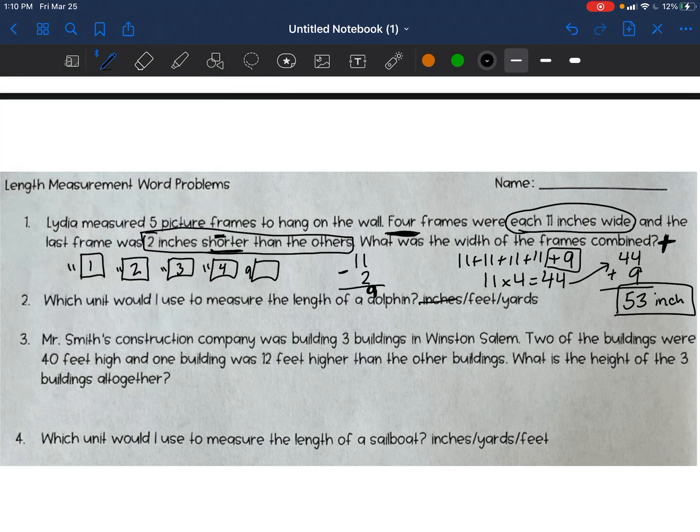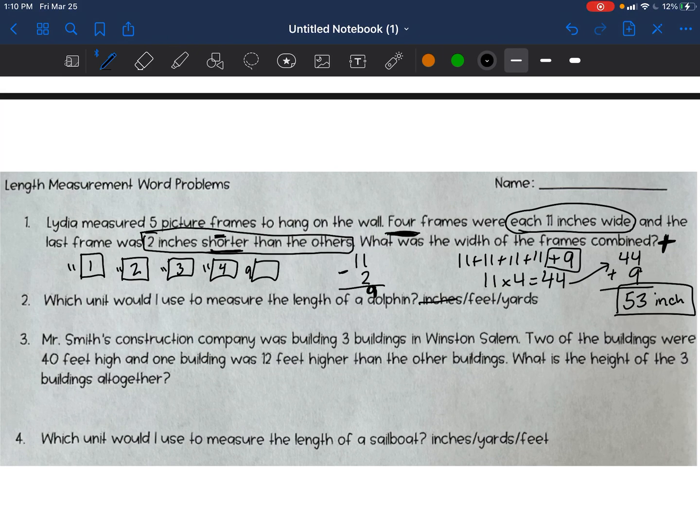It would probably be too small. You'd probably want something a little bit bigger to measure dolphins with. All right? Feet and yards is what we have left. All right, so think about a yard. Okay, I know you guys might not have ever seen a dolphin before, but they're probably a little bit smaller than a shark. Okay, so they're big animals, but they're not ginormous.